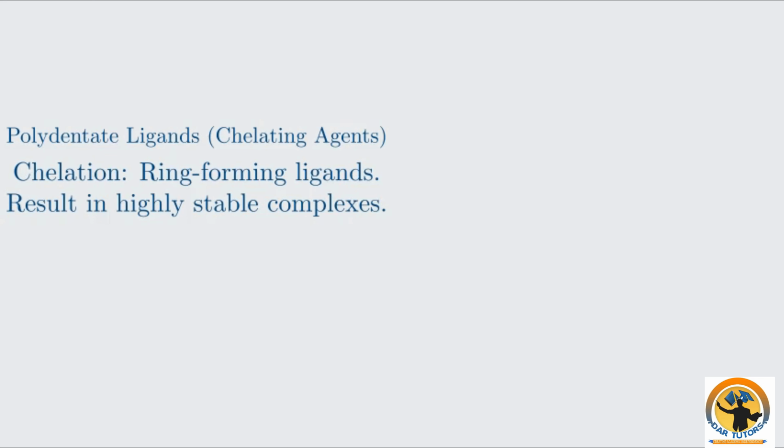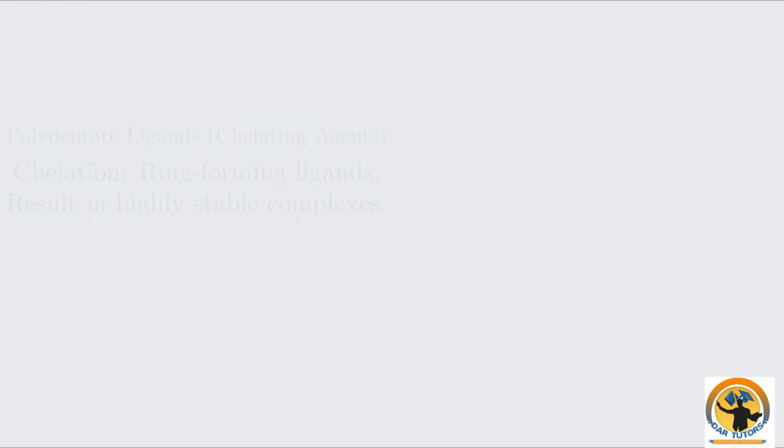Let's look at some examples. Bidentate ligands bind through two atoms. First, the ethanedioate ion, C2O4 2-, often called oxalate. It can coordinate to a metal ion through two negatively charged oxygen atoms, forming a five-membered ring. Each oxygen donates a lone pair to the metal.